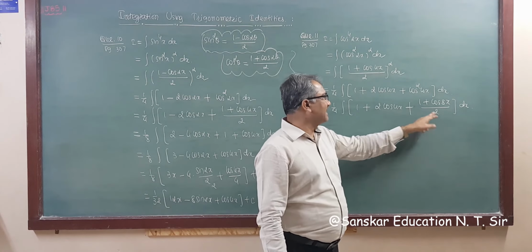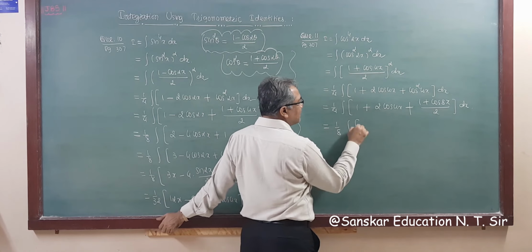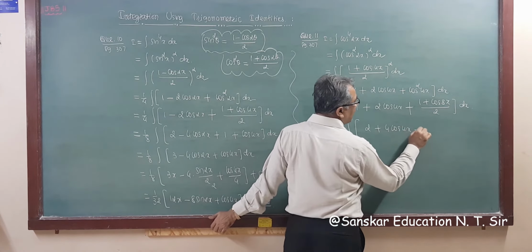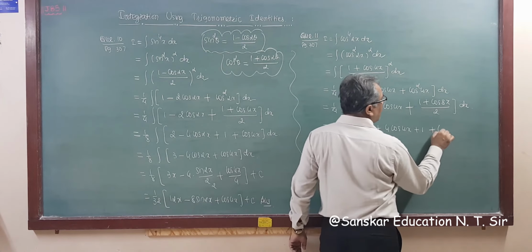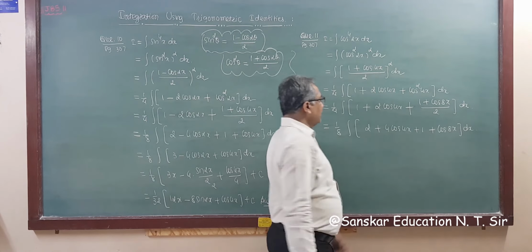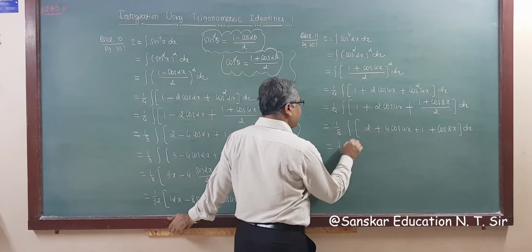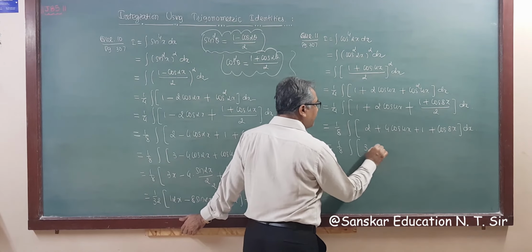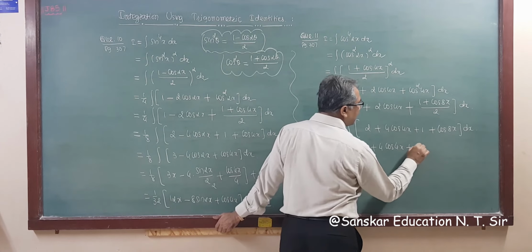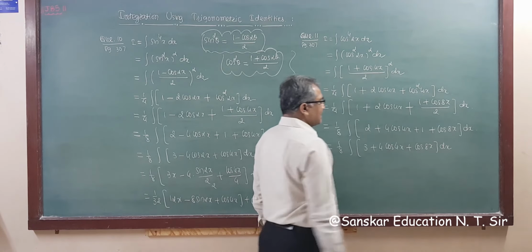Again taking 2 LCM, so this becomes 1 upon 8 integration 2 plus 4 cos 4x plus 1 plus cos 8x dx. So 2 plus 1 is 3. So this is 1 upon 8 integration 3 plus 4 times cos 4x plus cos 8x dx.